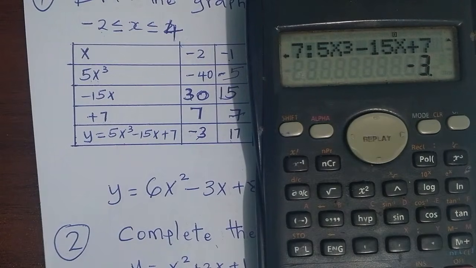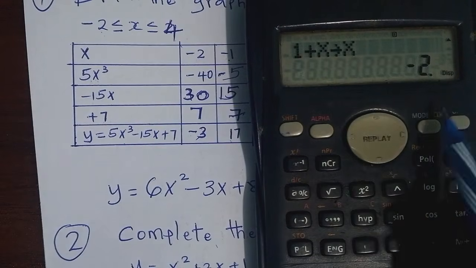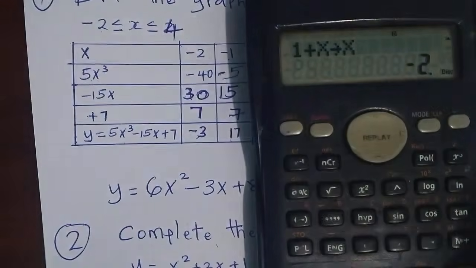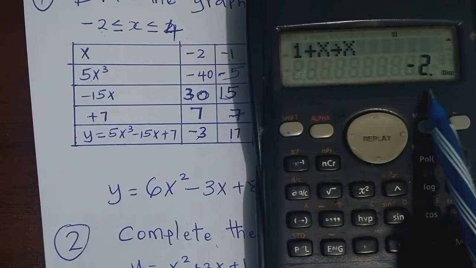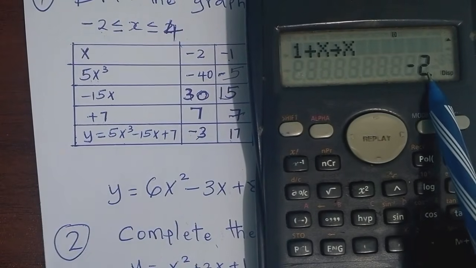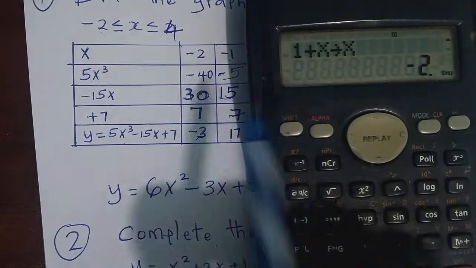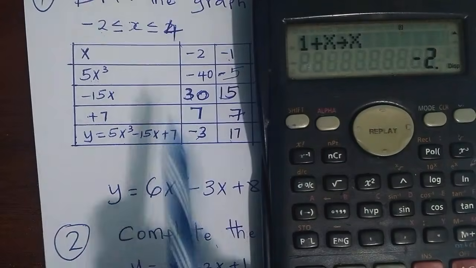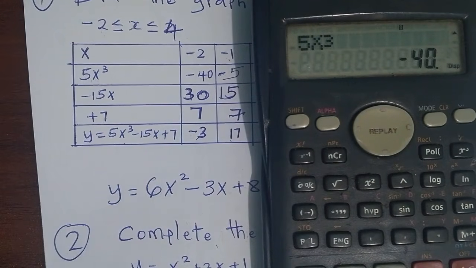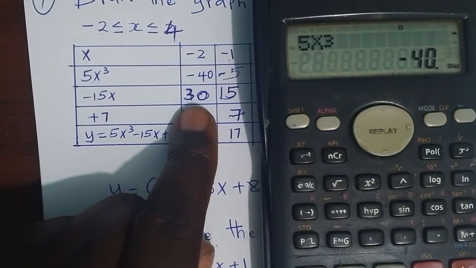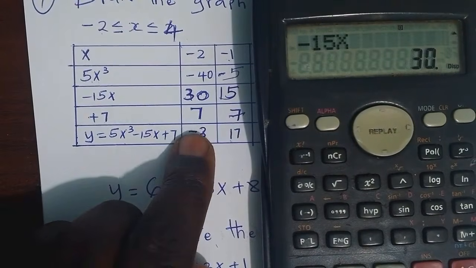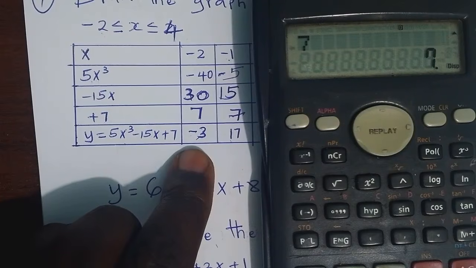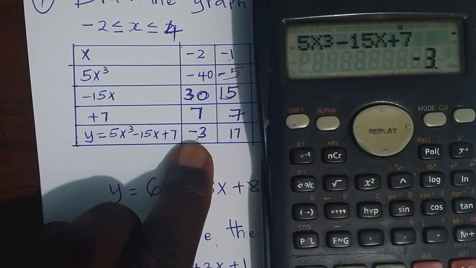So press equal sign. Now you will be pressing equal sign until you finish filling the table. You will realize that when x is -2, the first is -40, then 30, then 7, and finally the whole function is -3.